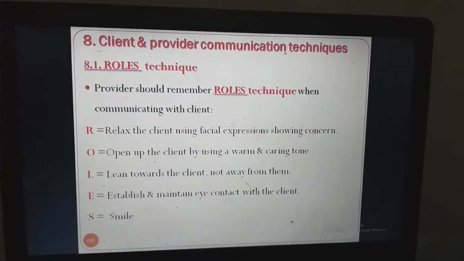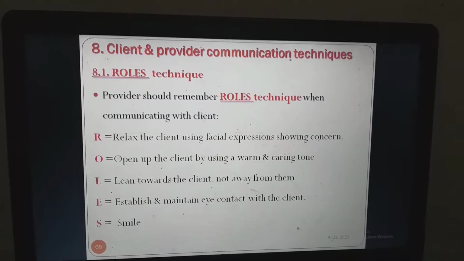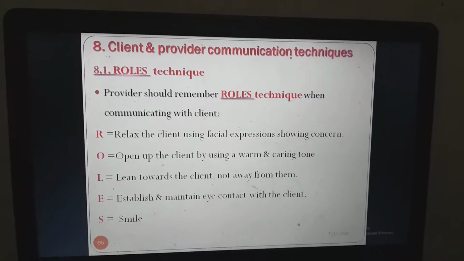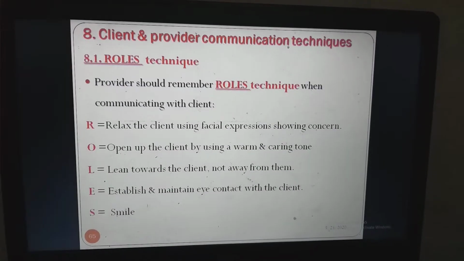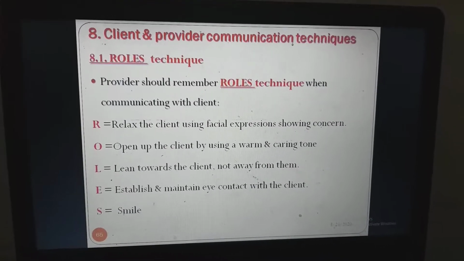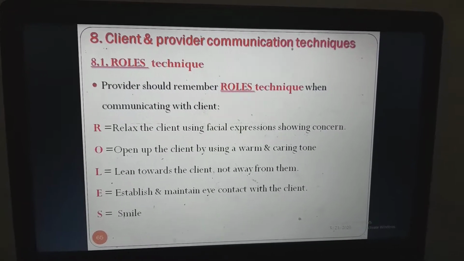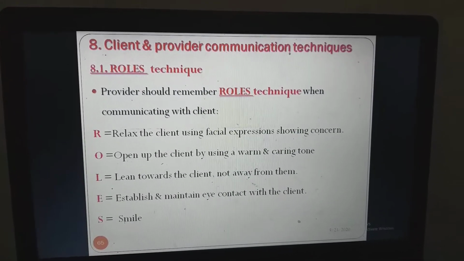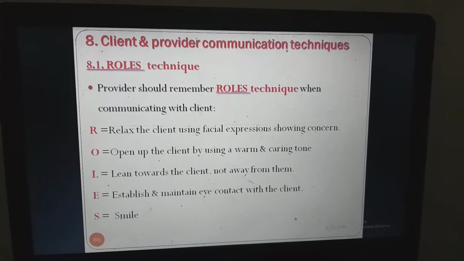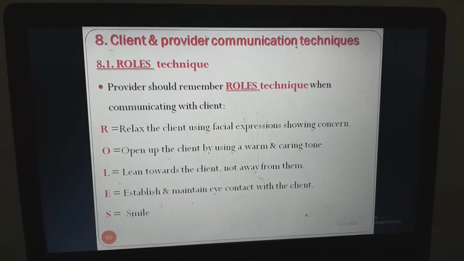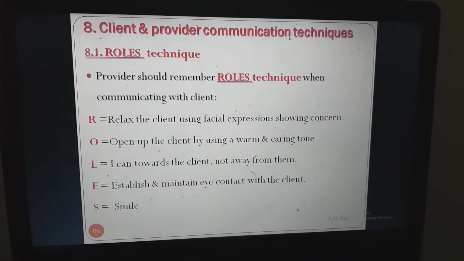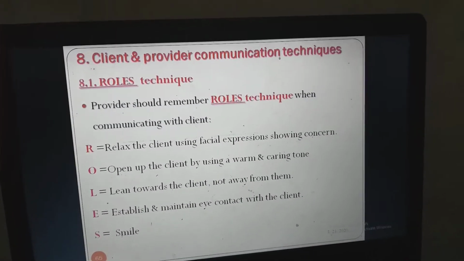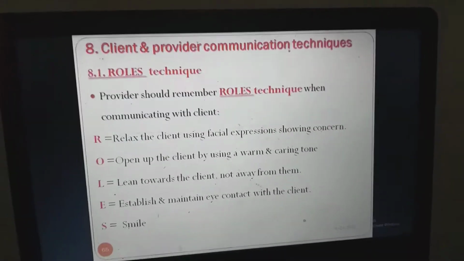ROLES, when we say it, is an abbreviation. R, relax the client using facial expression showing concern. Be free, do not make them afraid. O means open up the client by using a warm and caring tone. L, lean towards the client, not away from them. Just nearby, lean, when we say, go near to them, not away, because maybe they need to talk or speak slowly.